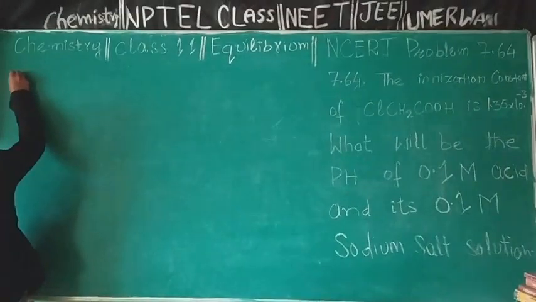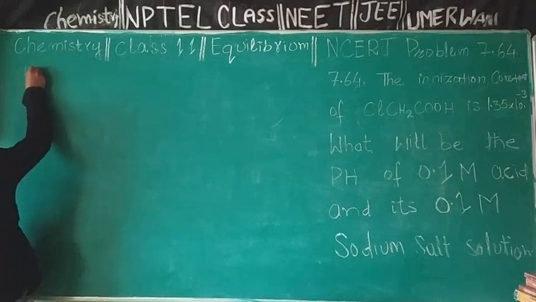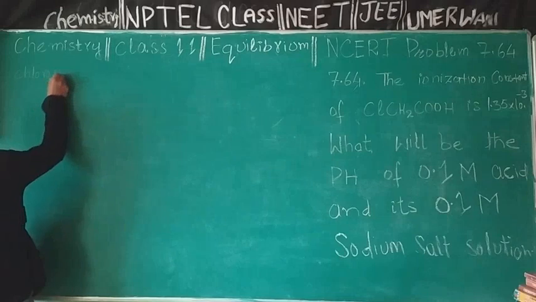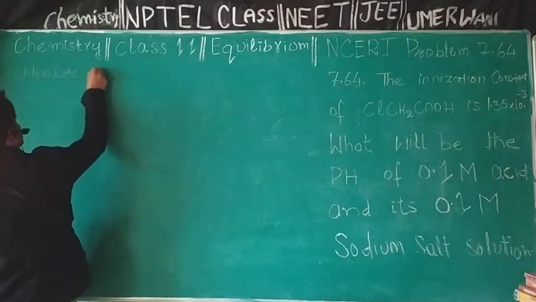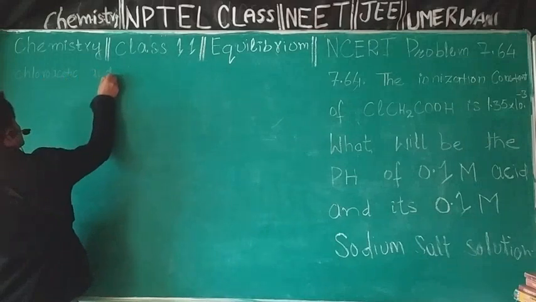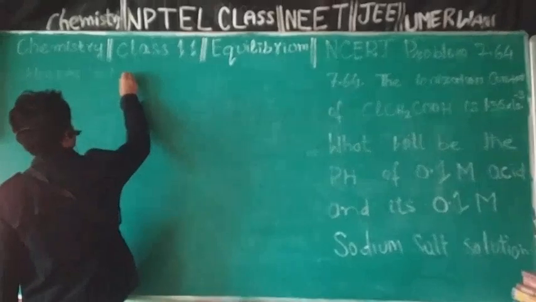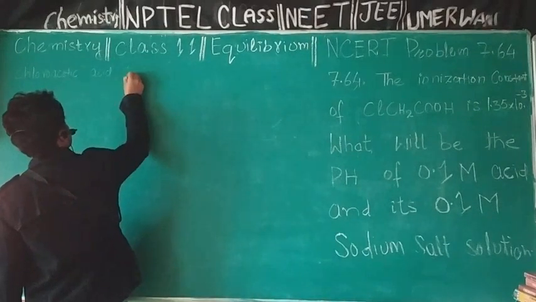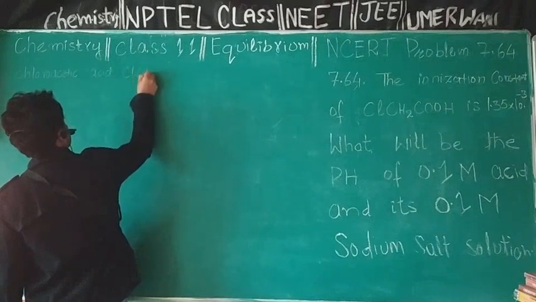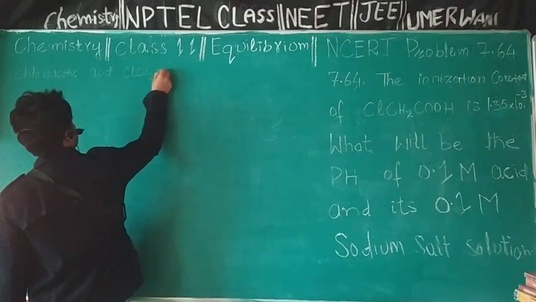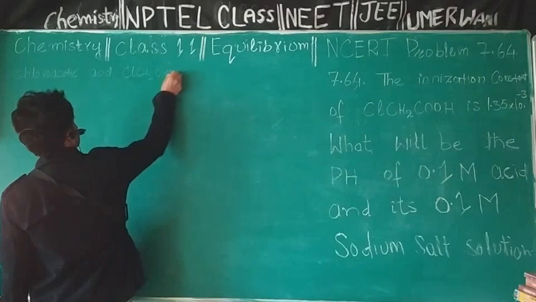Chloroacetic acid has chemical composition Cl CH2 COOH.